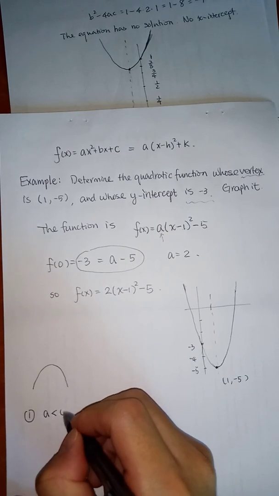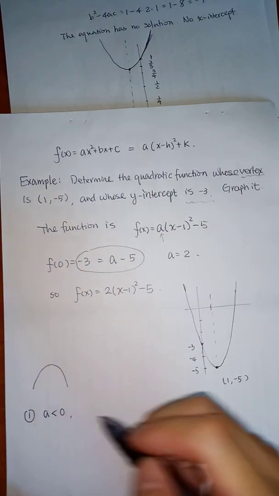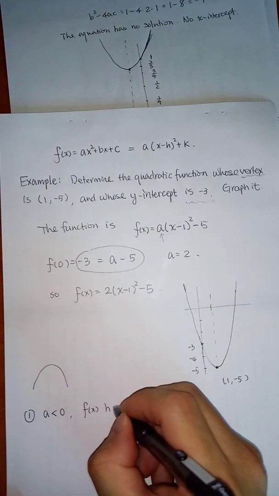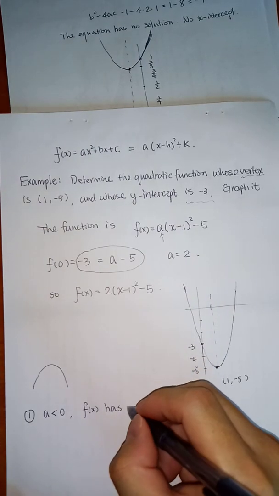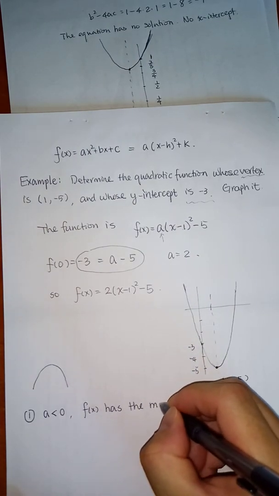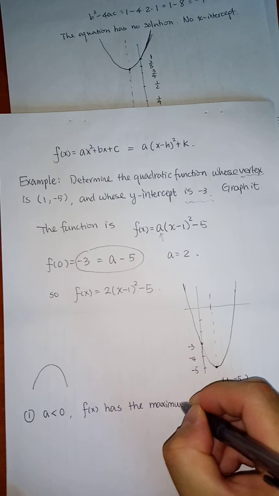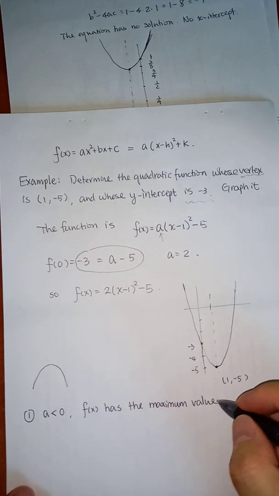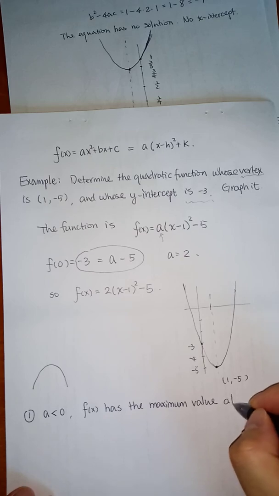A is negative. The graph is like this. Then f has the maximum value. At where?